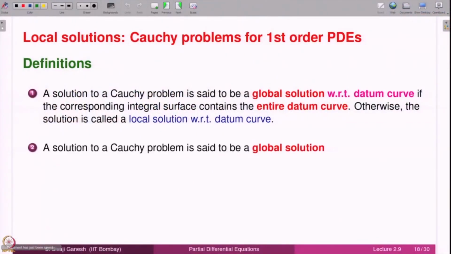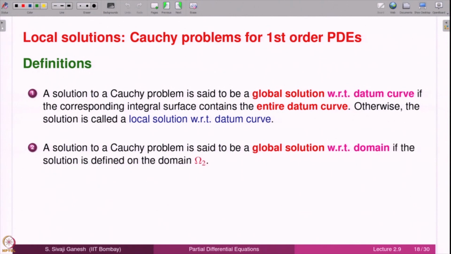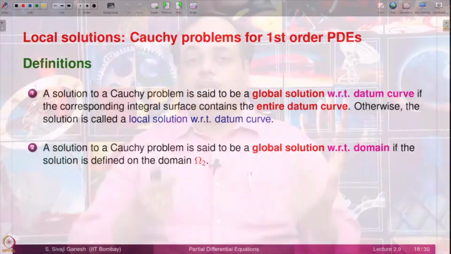We have another related notion. A solution to a Cauchy problem is said to be a global solution with respect to domain if the solution is defined on the domain omega 2. What is omega 2? Omega 3 is the set on which the quasi-linear equation was defined, the coefficients a, b, c are defined on omega 3. The projection of omega 3 to the xy plane is omega 2.